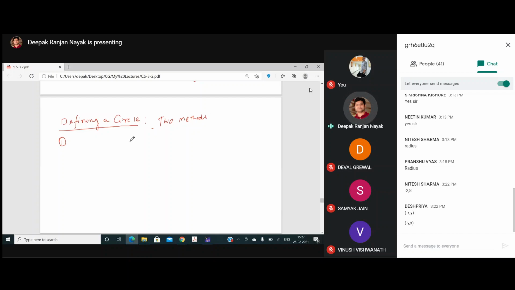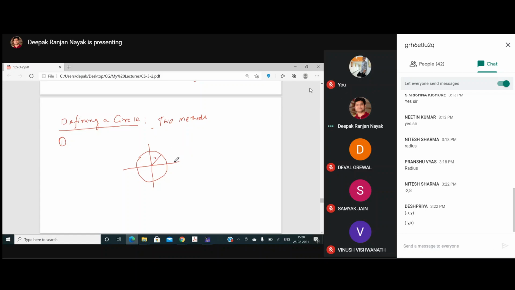Using second order polynomial, if you remember. Let's say a circle having radius r. Let's say radius is r.